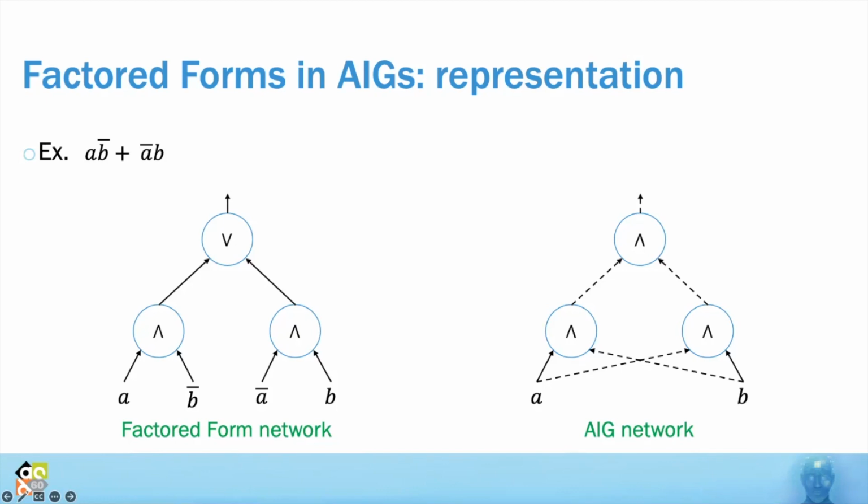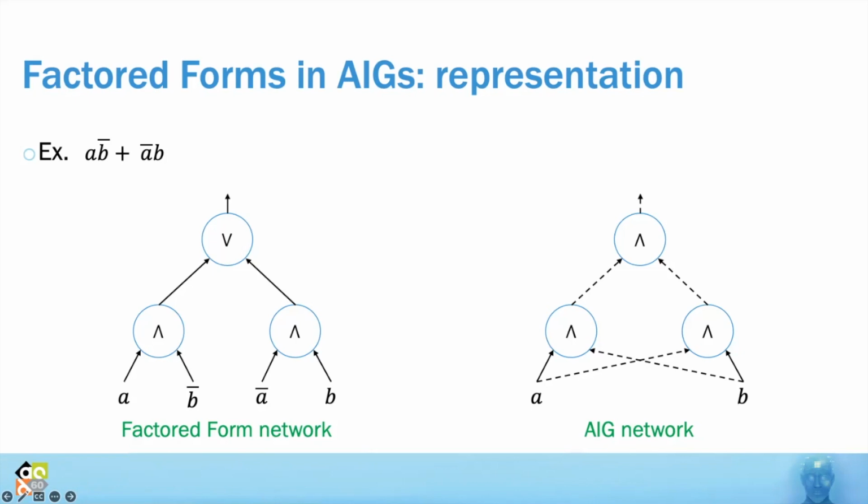So AND nodes can be obtained from OR nodes by using De Morgan's law. Moreover, edges can be complemented, and here they're shown with dashed arrows.